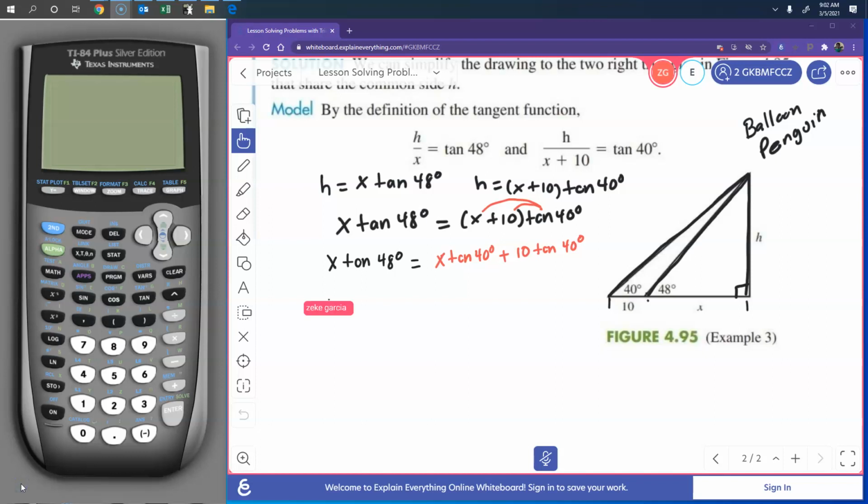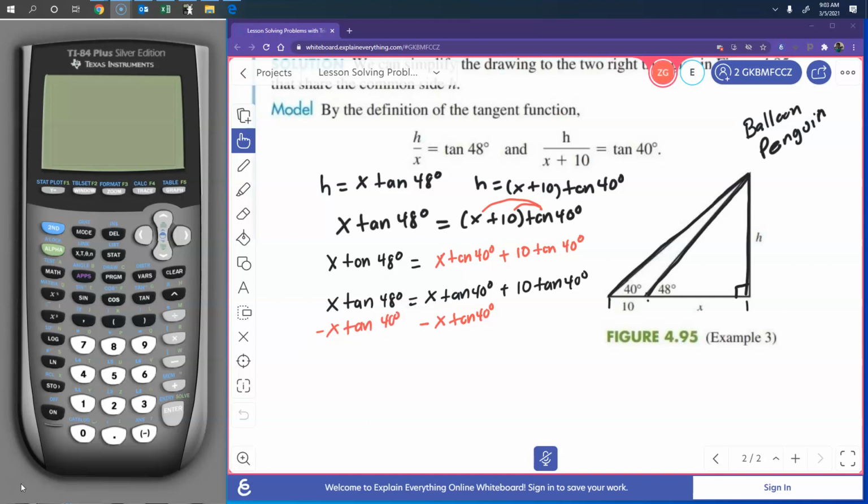So let me rewrite this. So we have x tangent of 48 degrees is equal to x tangent of 40 degrees plus 10 tangent of 40 degrees. I do want the x values to be on the same side. So I'm going to subtract x tangent of 40 degrees from both sides.